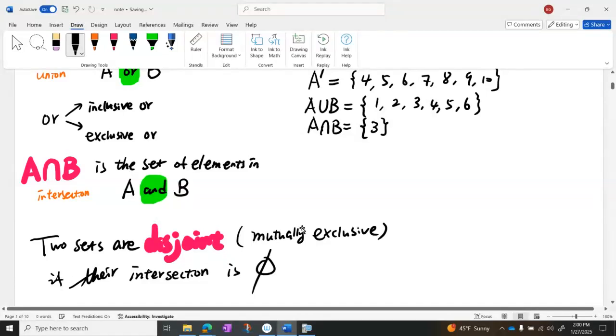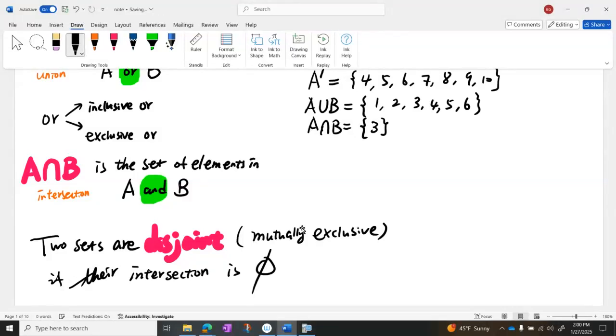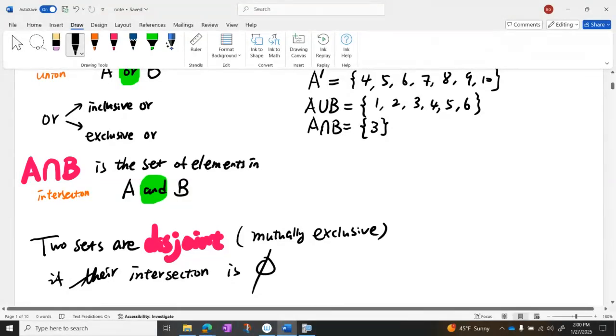Two sets are disjoint. Dis means negation, right? Joint means touch, have something in common. So two sets are disjoint if their intersection is empty. Doesn't that mean two sets are disjoint if they have no common elements? They have no overlapping part in the Venn diagram?